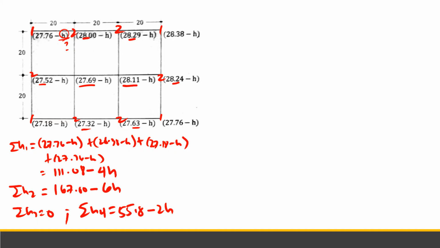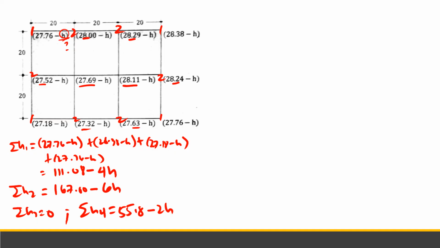Okay, so that is for summation of h1, h2, h3, and h4. So since the cut and fill are balanced in this problem, the residual volume of excavated earth must be equal to 0.